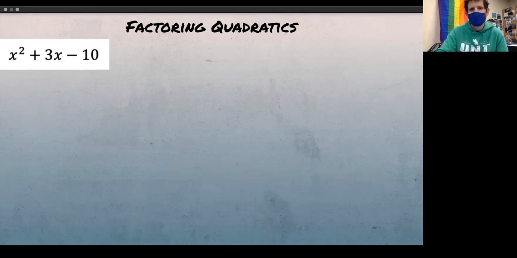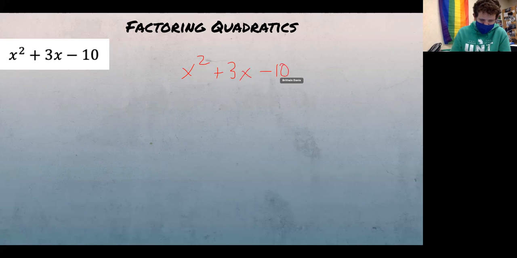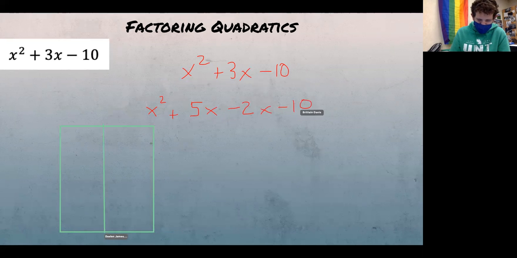Okay, so let's just, for completeness sake, just to make sure we can see what all the possibilities are. So x squared plus 3x minus 10 became x squared plus 5x minus 2x minus 10. And that's, again, what you guys already have on your paper, so you guys can work from there.